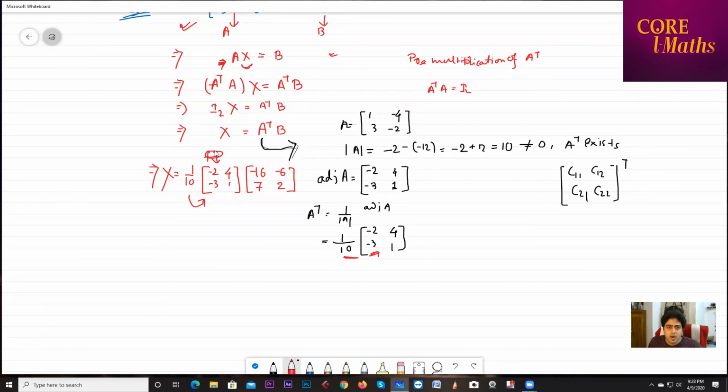So first take the product of the adjoint of A into B, and then if we multiply by 1 by 10, that is the scalar multiplication, no such fractional part will come.